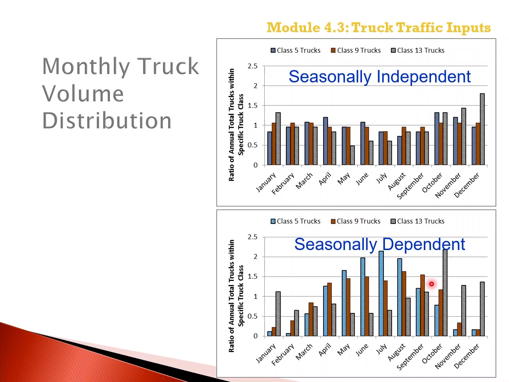Sites where traffic is seasonally dependent usually represent local routes which carry a high percentage of local commodities. For this site shown on the slide, the truck traffic is more heavily concentrated in the summer months as opposed to the winter months, with the exception of Class 13 larger truck traffic for this specific roadway.